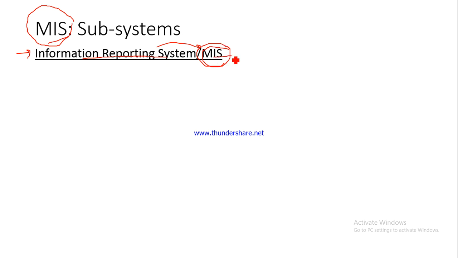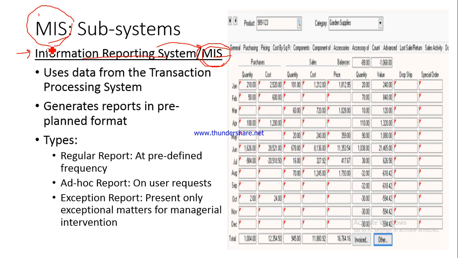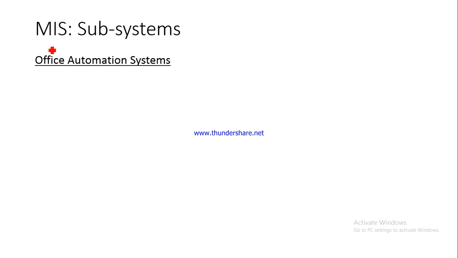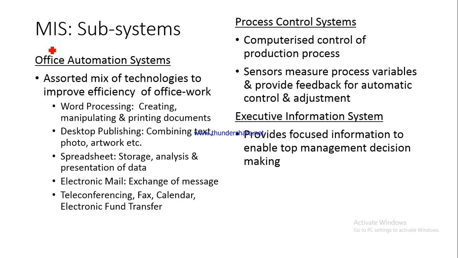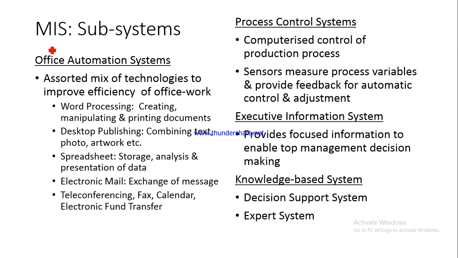However, MIS in the broad sense will have different components. As I said already, TPS, the transaction processing system, is one, which we have discussed, and the information reporting system we'll be discussing in this slide. Let me move a little forward. These are the other subsystems within the MIS: office automation system, process control system, executive information system, and knowledge based system.